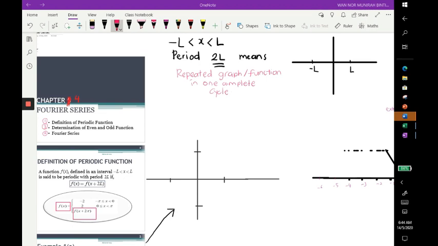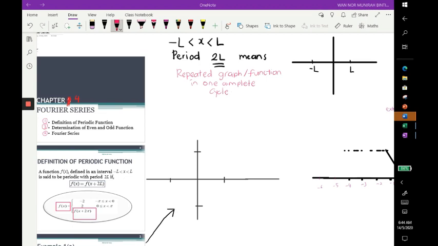In this video, I just want to discuss periodic functions as well as how to sketch a simple graph. That is my aim in this video. So what is a periodic function?